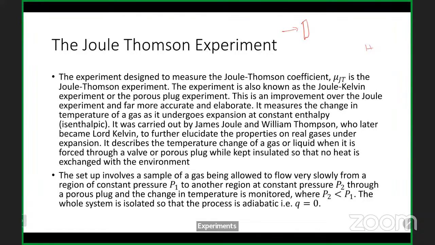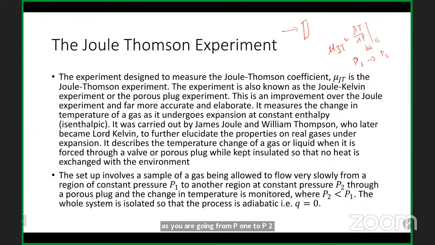So a gas is allowed to flow very slowly from a region of constant pressure P1 to a region at constant pressure P2. There are two different pressures, through a porous plug, and the temperature change is monitored. That's because we already said our mu JT is equal to dT dP at constant H. So the temperature is monitored as you're going from P1 to P2.